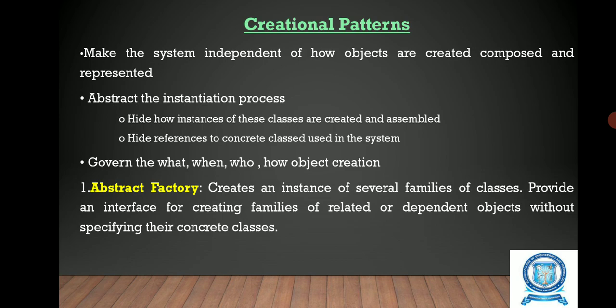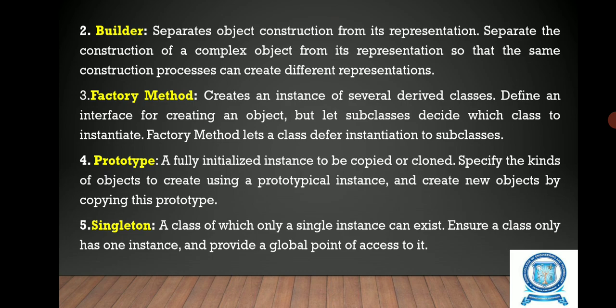About abstract factory, which creates an instance of several families of classes, it provides an interface for creating families of related or dependent objects without specifying their concrete classes. About builder, which separates the construction of a complex object from its representation so that the same construction process can create different representations.